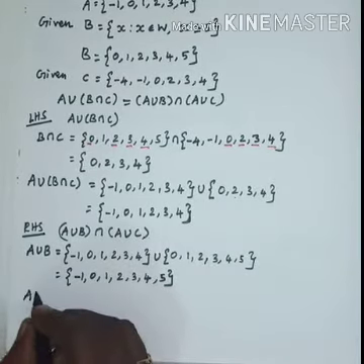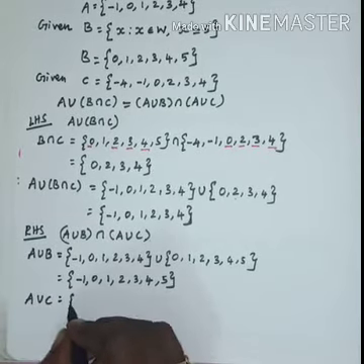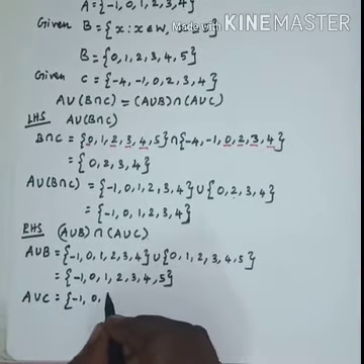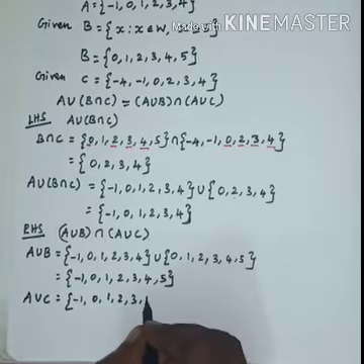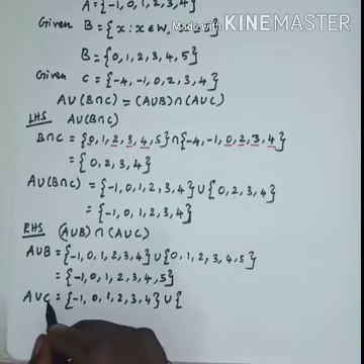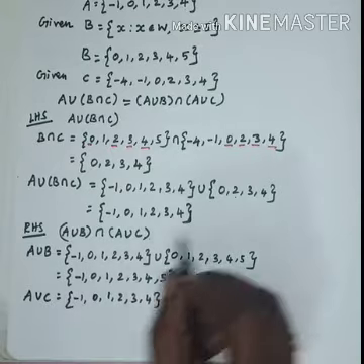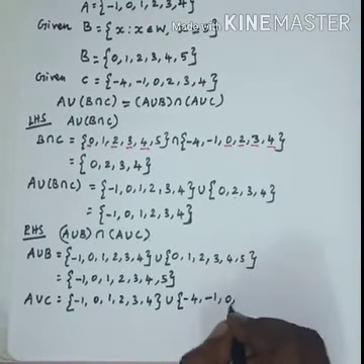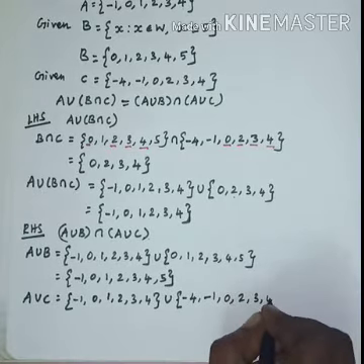So A union C is nothing but, what are the elements of A? -1, 0, 1, 2, 3, 4, and then the union symbol is given here, so put the union symbol. C: the elements of C given in the sum are -4, -1, 0, 2, 3, 4.